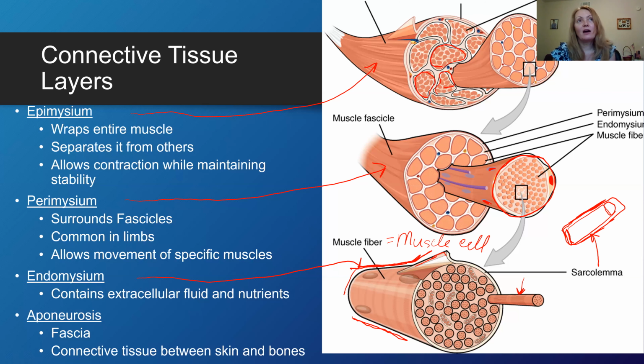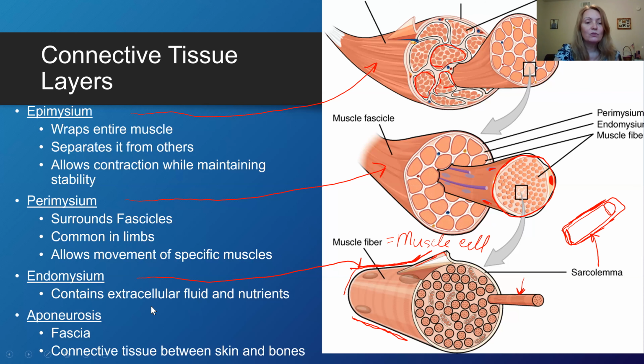Now, if you want to define what a muscle is, a muscle is an organ. We have many organs in our muscular system. And a muscle is a group of muscle cells with the same origin, same insertion, and same action. That's what an individual muscle is.